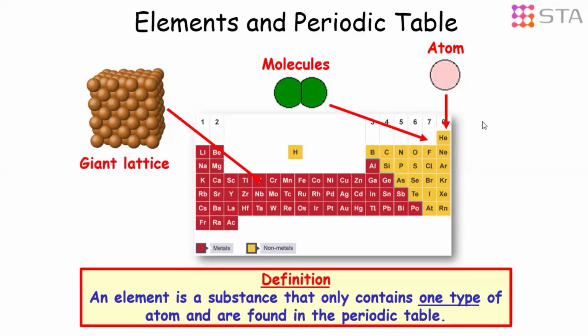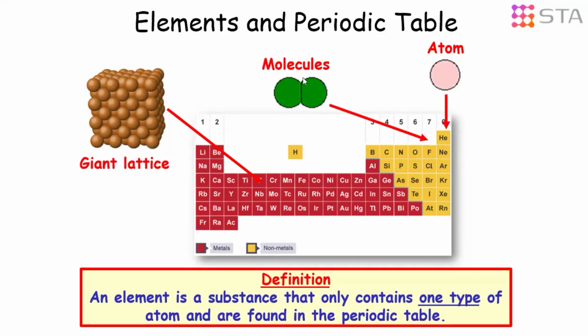Now, elements can be very simple and consist of just single atoms that do not bond with other atoms. So, for example, the elements in this column, which we call group 0, all exist as single atoms.